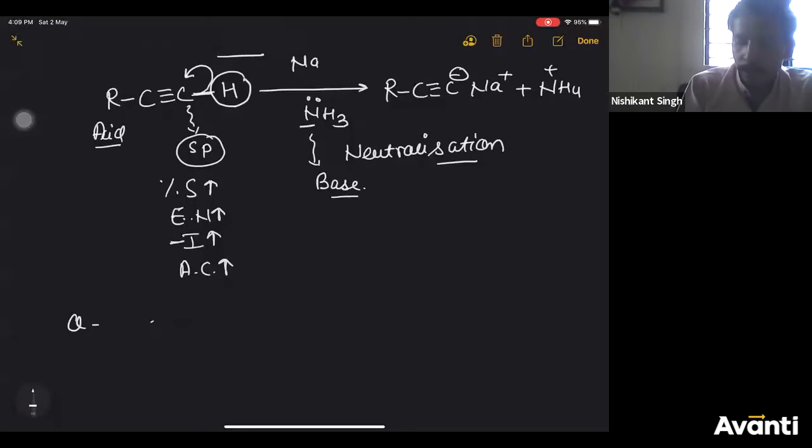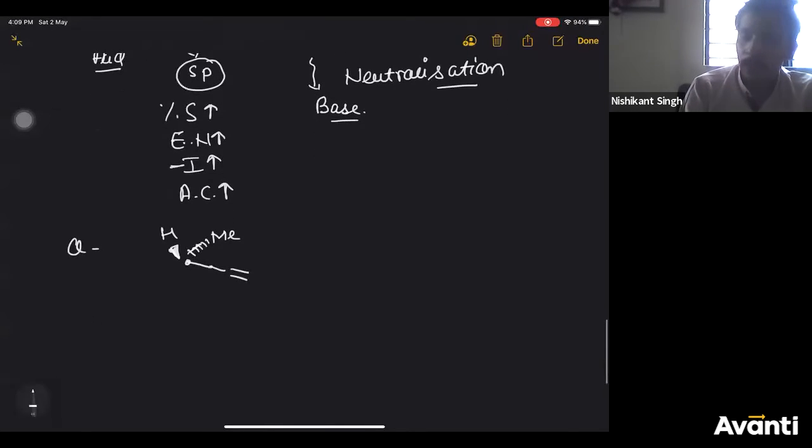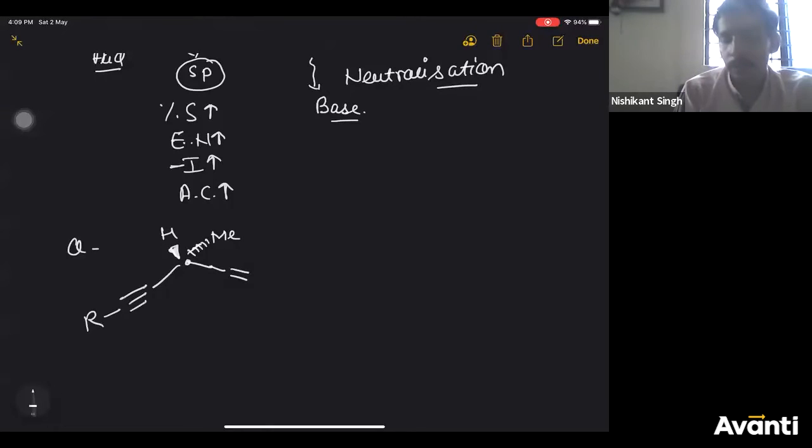So we have a carbon, and hydrogen here on a wedge, methyl here on a dash, right? And there is an alkyne here, triple bond, and R.